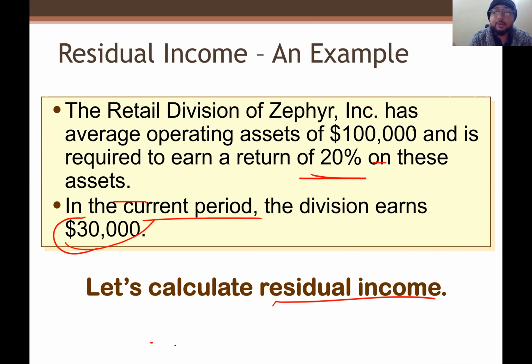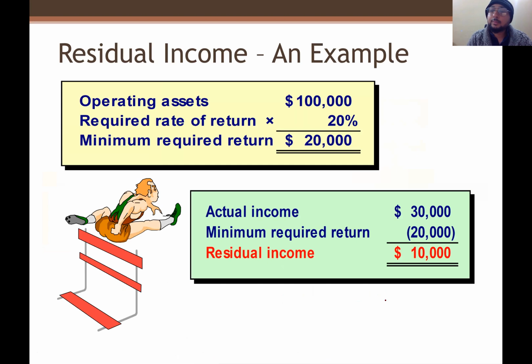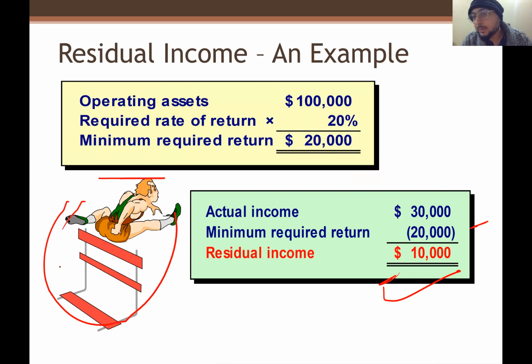So 20% of the assets is 20,000, but they earned 30,000. So what is the residual income? 10,000. Right? The name looks scary, but the concept is quite simple. Actual income minus the minimum required income. So it means they exceeded their requirement.